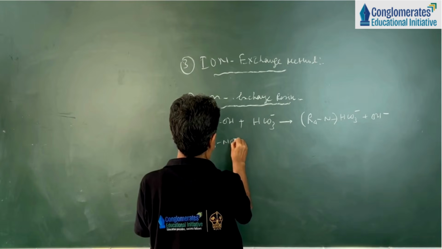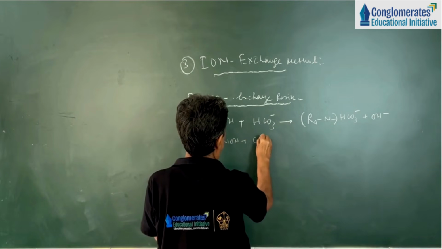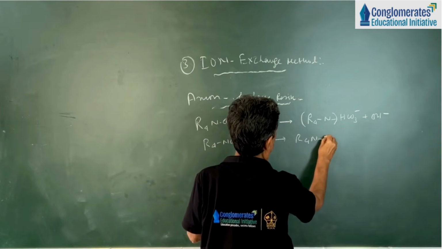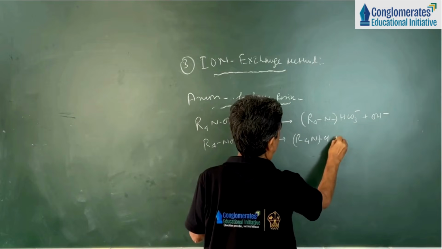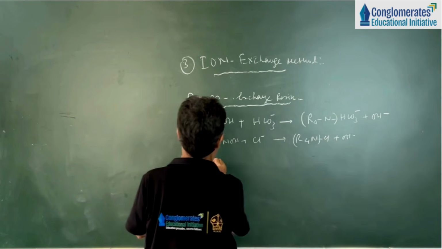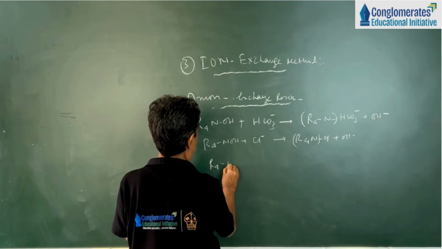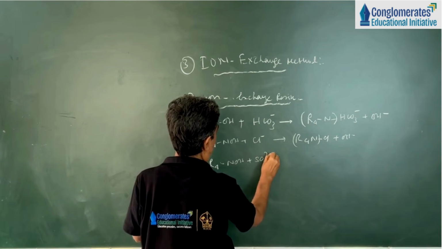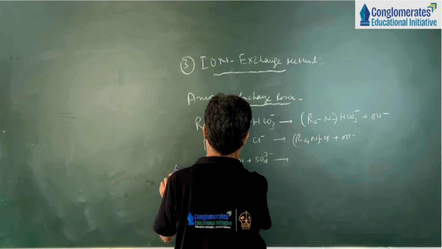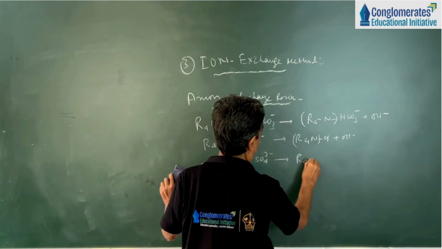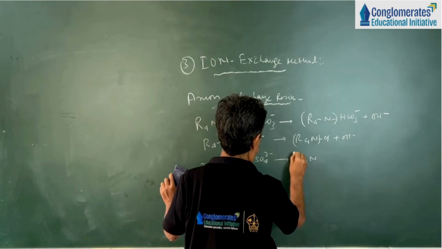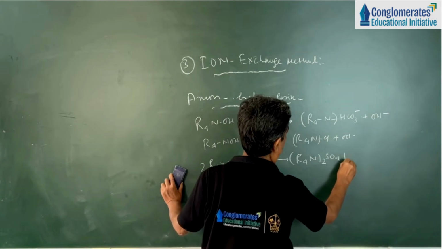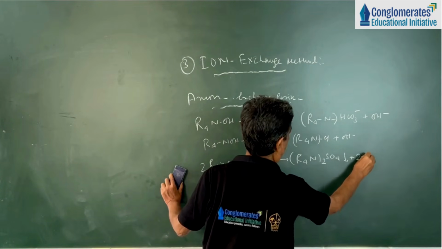R4NOH plus chloride, we get R4NCl plus OH ion. R4NOH plus sulfate, we get (R4N)2SO4 plus 2 OH ion.